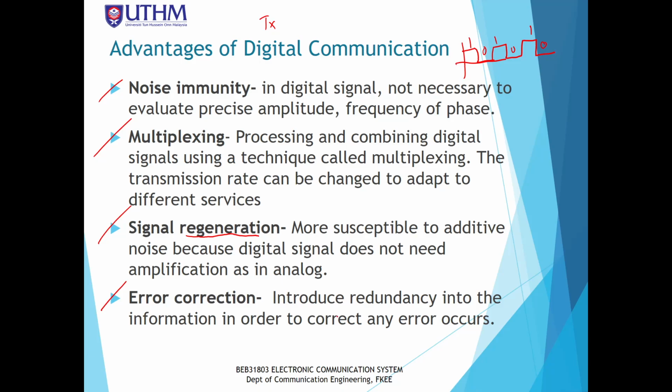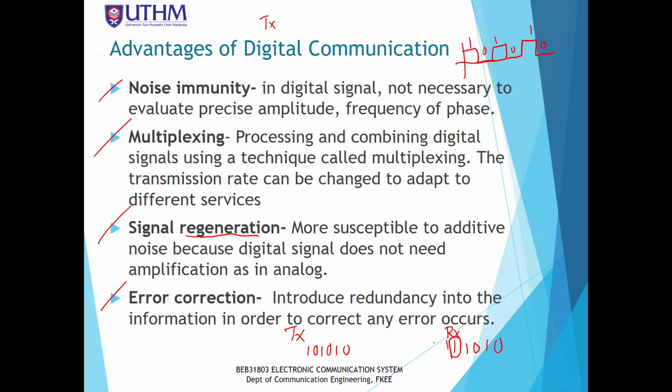Error correction means that we can correct the error. For example, at the transmitter, I'm sending data 101010, and suddenly at the receiver side, I'm receiving 111010. This is what we call a bit error.